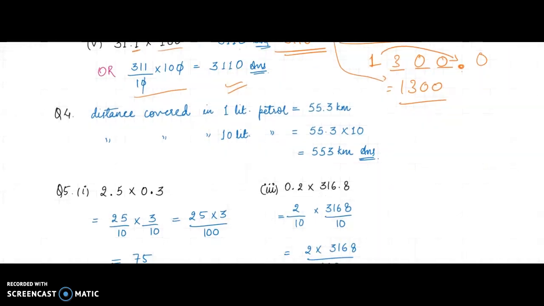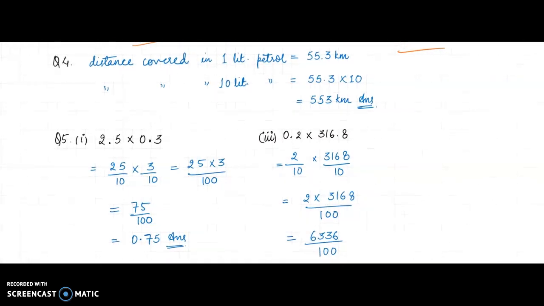Now question number 4. Again a word problem. A two-wheeler covers a distance of 55.3 km in 1 liter of petrol. How much distance will it cover in 10 liters of petrol? I have written the given information: distance covered in 1 liter petrol is 55.3 kilometers.